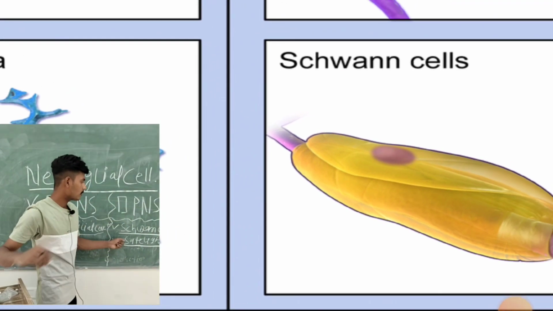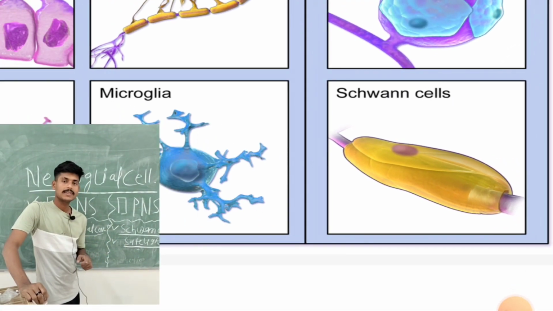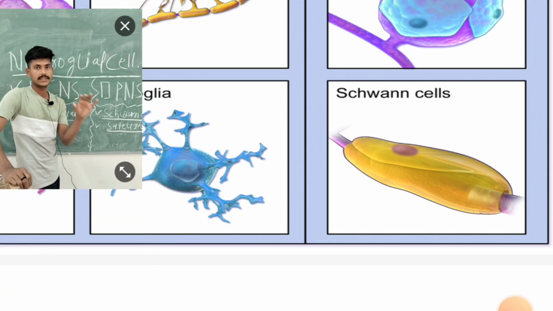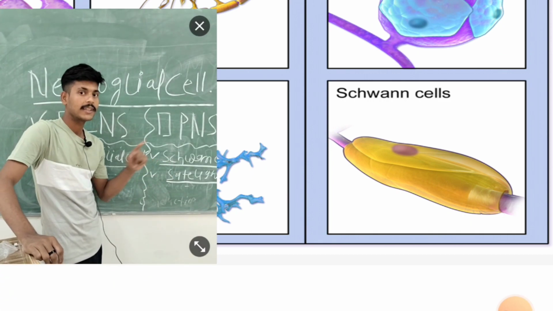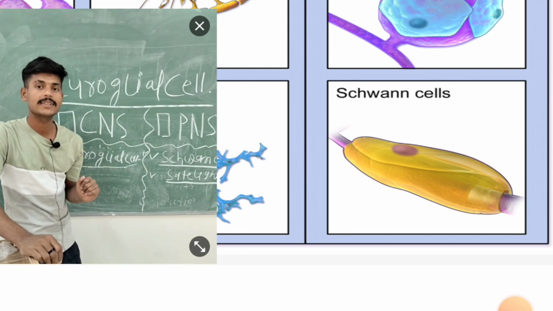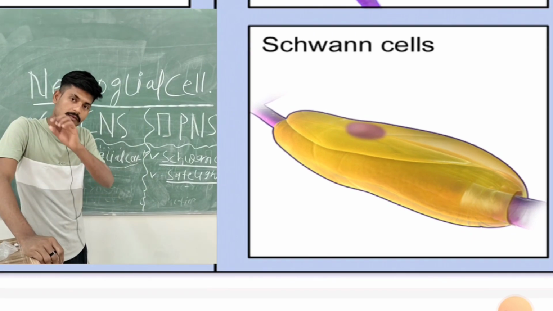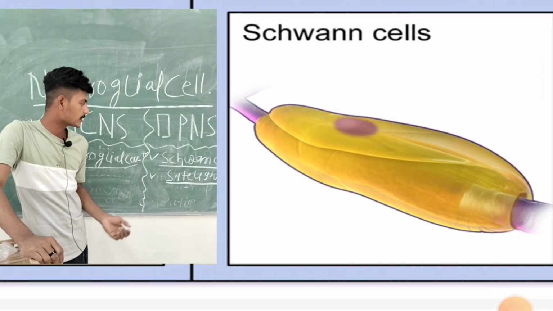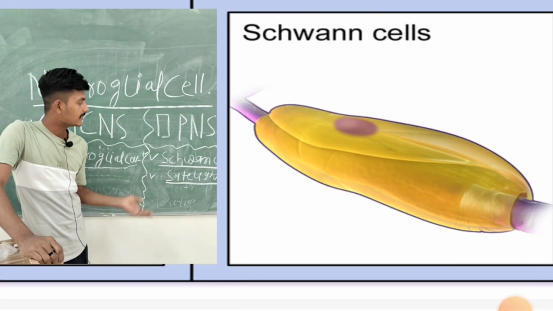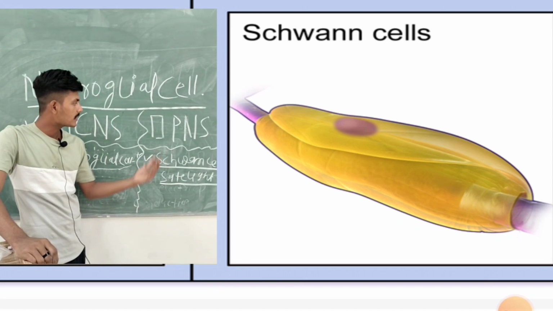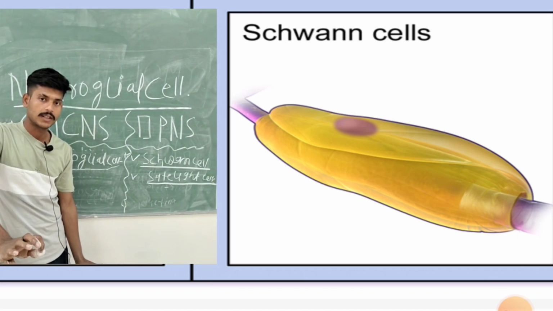The Schwann cell performs myelination in the peripheral nerves. And the satellite cell is a kind of immune cell present in the peripheral nervous system.